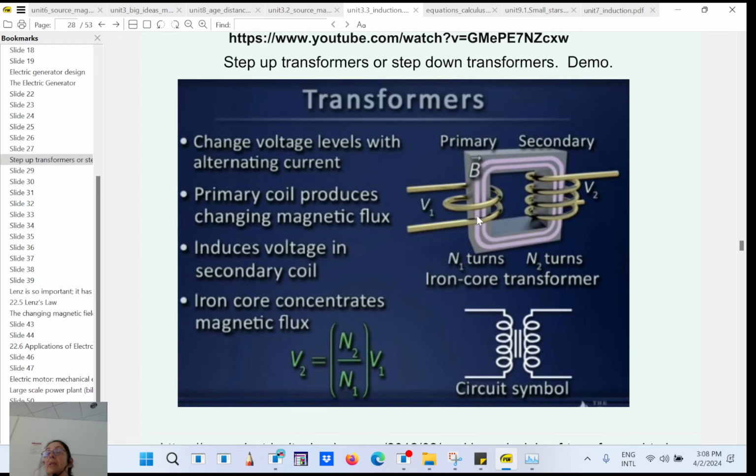What's the equation? You see, if you multiply the number of loops by 2, the voltage will be multiplied by 2. Do you remember what's the power? Electric power is voltage times current, right? So because you cannot have a free lunch, if the voltage is multiplied by 2, what's going to happen to the current?